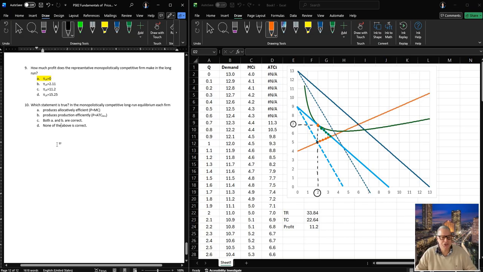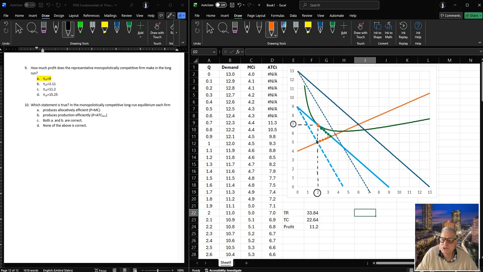And lastly, which statement is true? In the monopolistically competitive long run equilibrium, each firm produces allocatively efficient. No, that's not true, because as you can see, the price is above marginal cost. If the firms produced more, its cost would be less than people's willingness to pay, so that would be a win-win situation technically, but that's not happening.